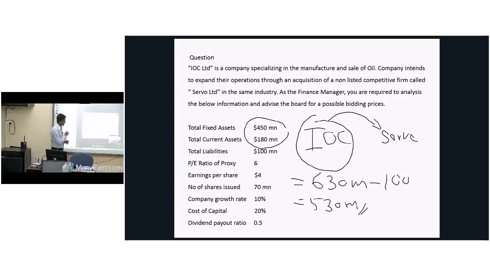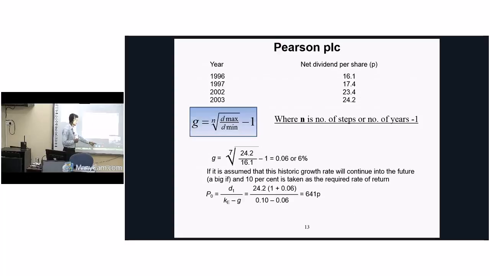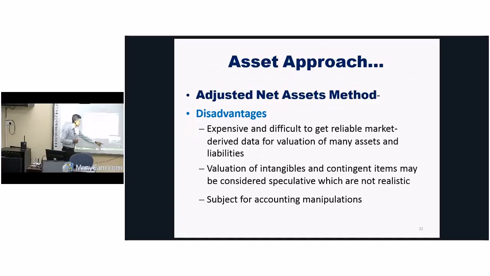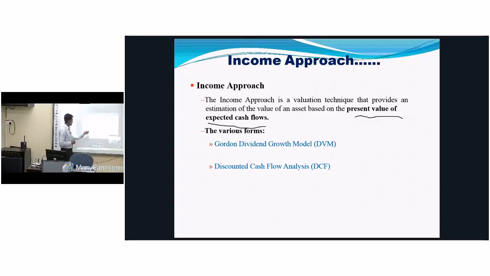In this approach we learn there are two methods: either we use the dividend growth model or the cash flows method. In this question you have not been given any future cash flows, but you can use the dividend growth model to calculate the value.